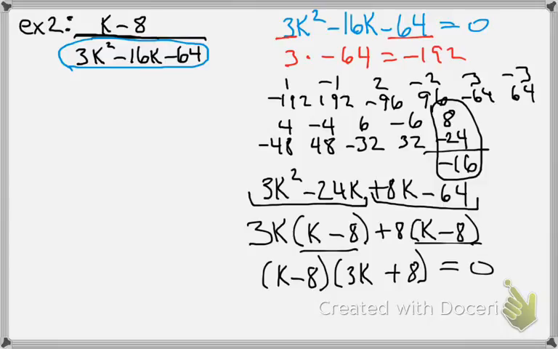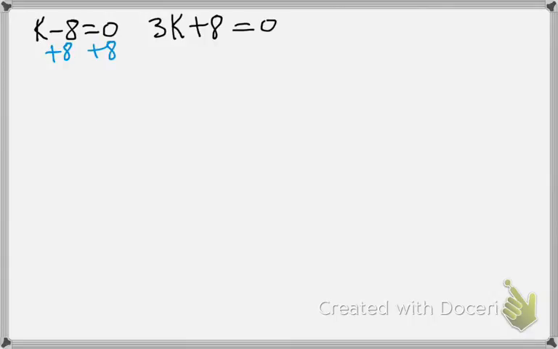So let's go to the next slide to give us some more room. We're still trying to find our excluded values. So I have a k minus 8 is equal to 0, and I have a 3k plus 8 is equal to 0. And that first one to solve, I'm going to go ahead and add 8 to both sides. That's going to leave me with my answer of k is equal to 8.